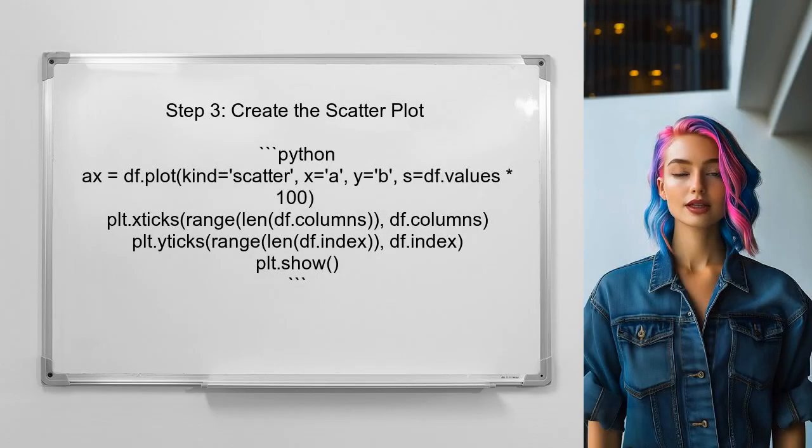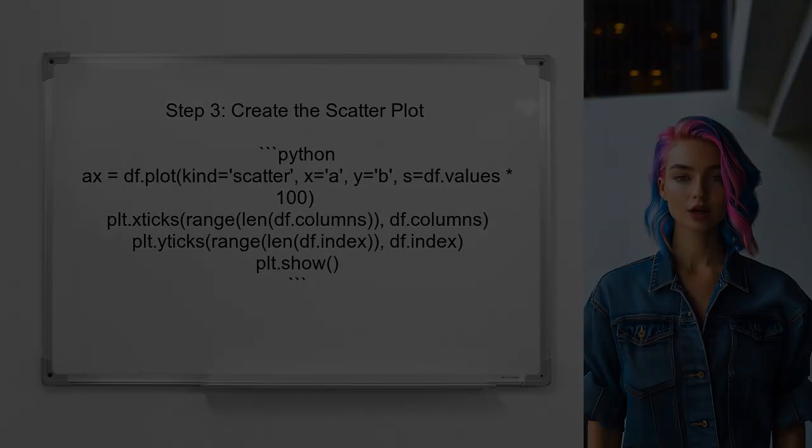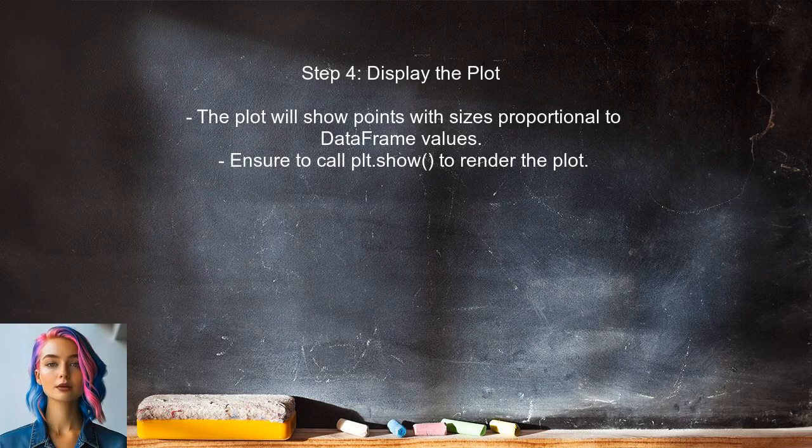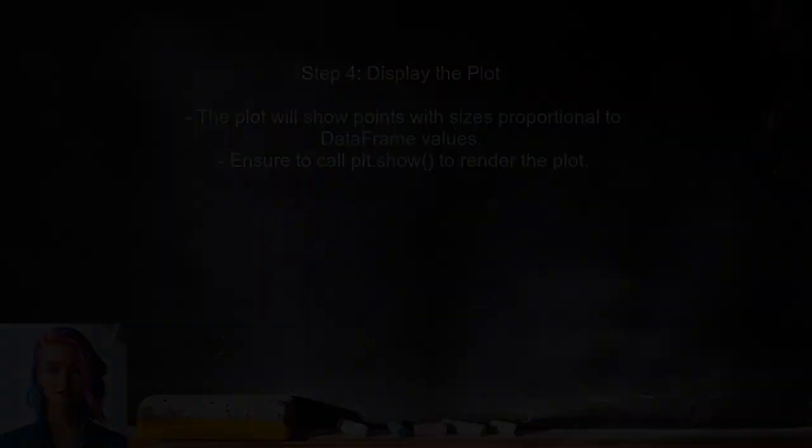Now, the user can create a scatter plot directly from the data frame without needing to flatten it. They can use the data frame's built-in plotting capabilities. Finally, the user should display the plot. This will show the scatter plot with the appropriate labels and marker sizes based on the data frame values.